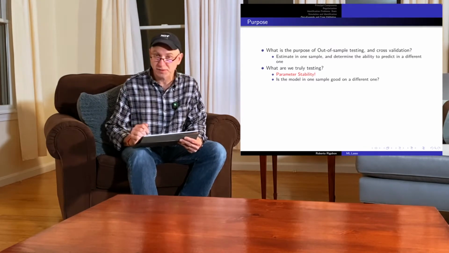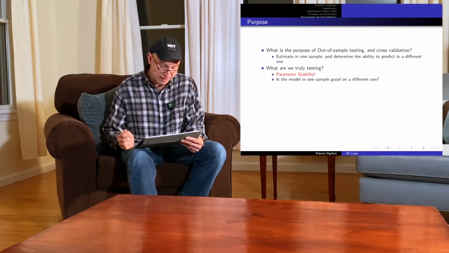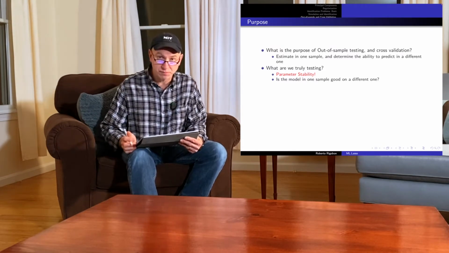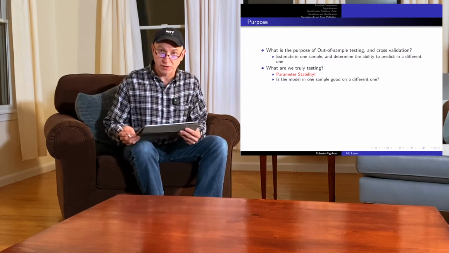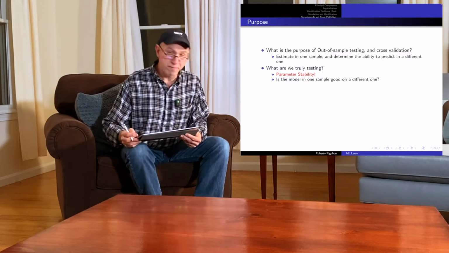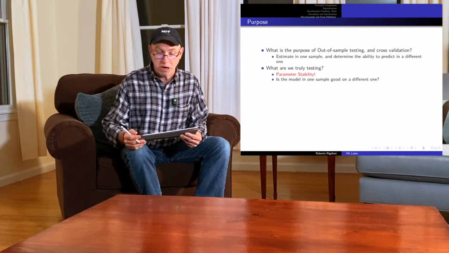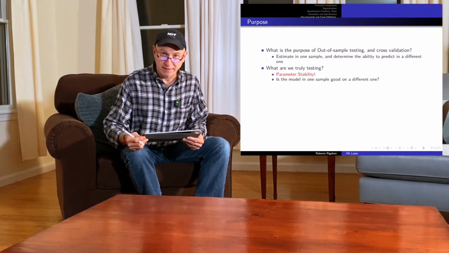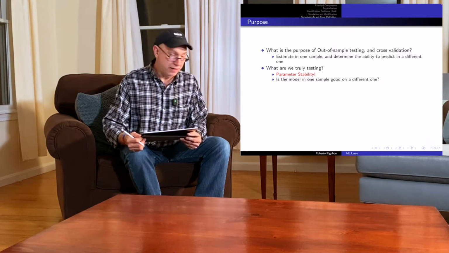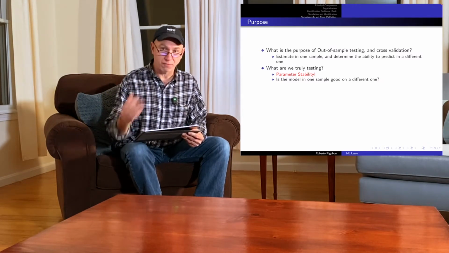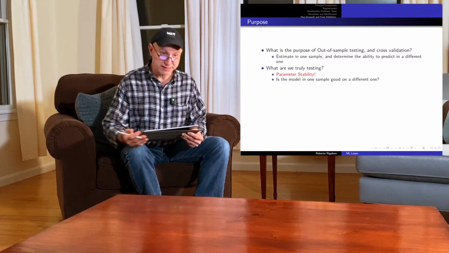There are some cases where we will think that it makes sense to ask that question. There are other cases in which it makes no sense to ask that question. So estimating in a group of men and then pretending that we can use that to estimate for women, very unlikely that will be true. And if you estimate for low-income households and then pretend to use that for high-income households, we would say, well, that makes absolutely no sense.